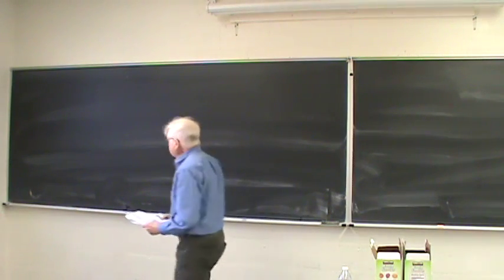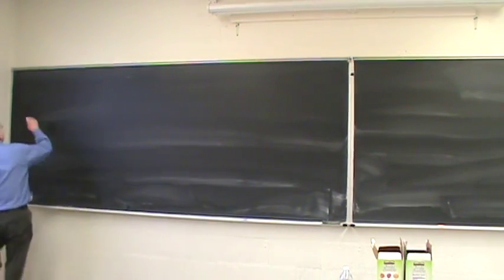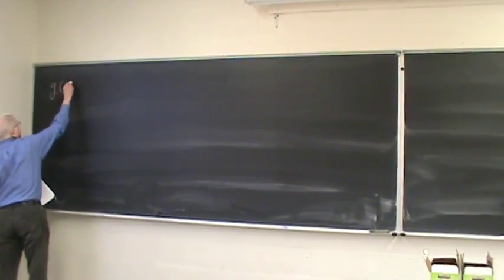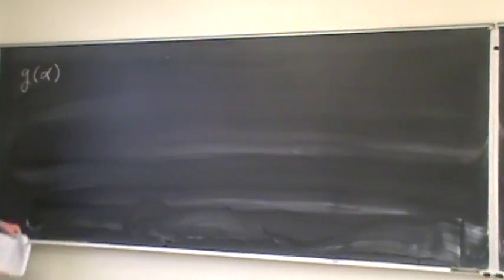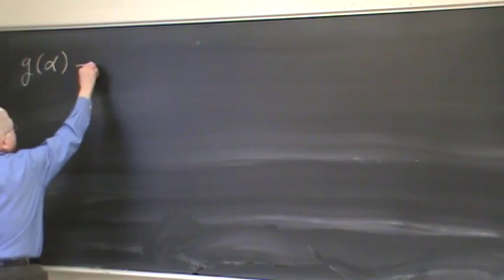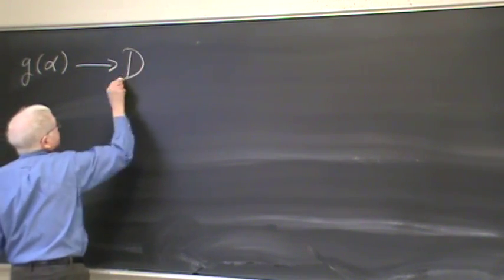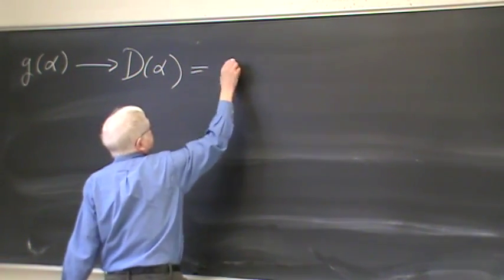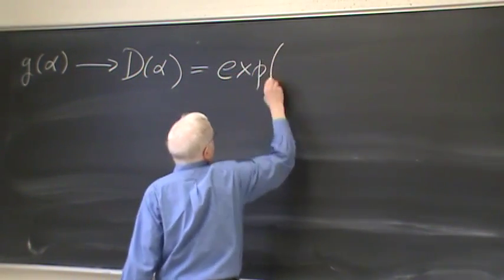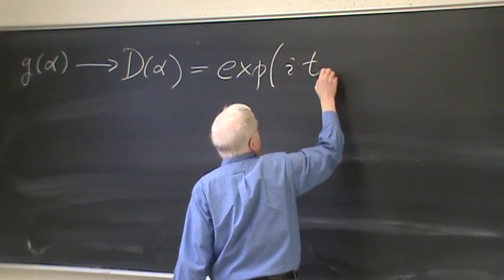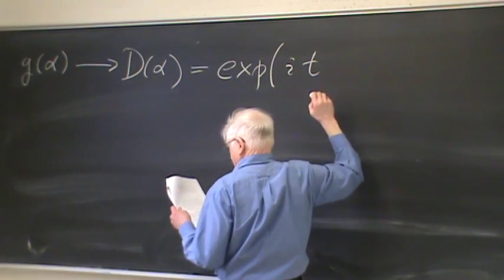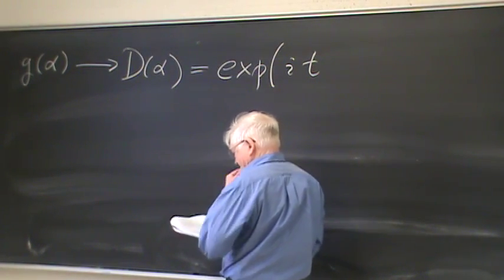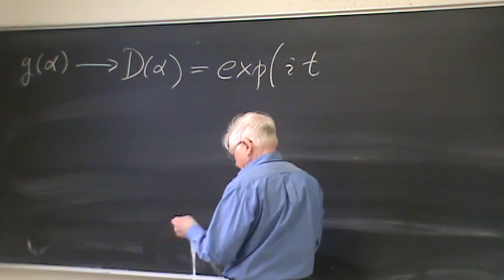So, we've been labeling group elements by some parameters, and by that we mean that if we have a representation D of alpha, then D of alpha is an exponential of i times the sum of the generators. And let me see, where did I put the subscript on alpha? Did I go up or down?